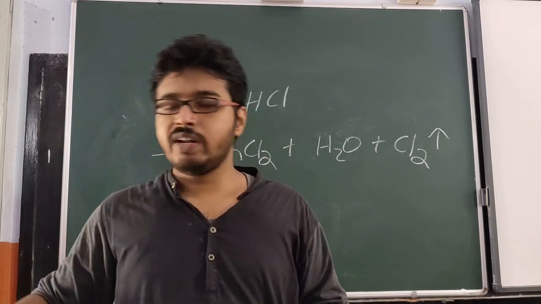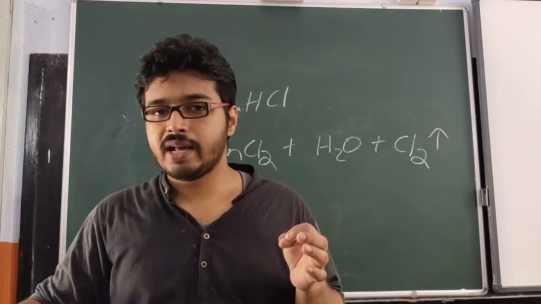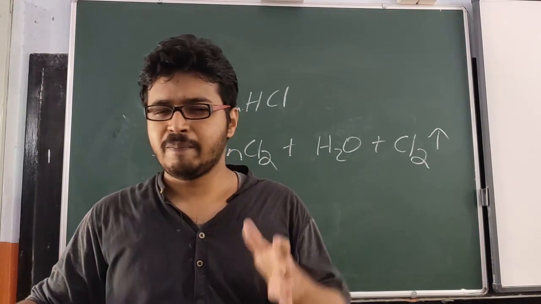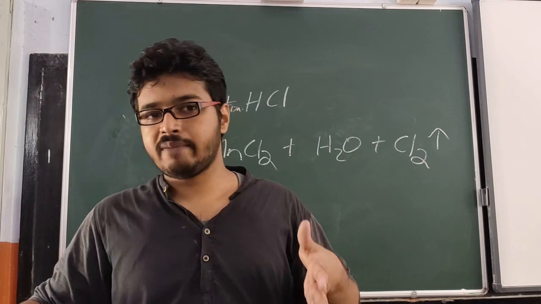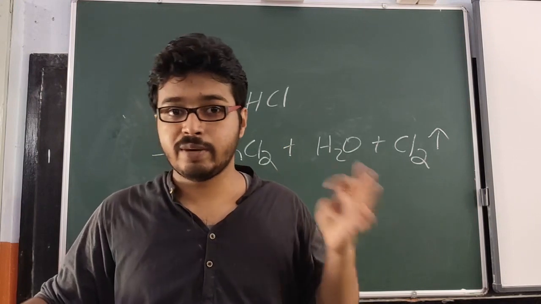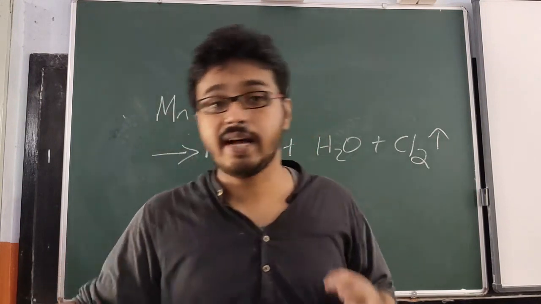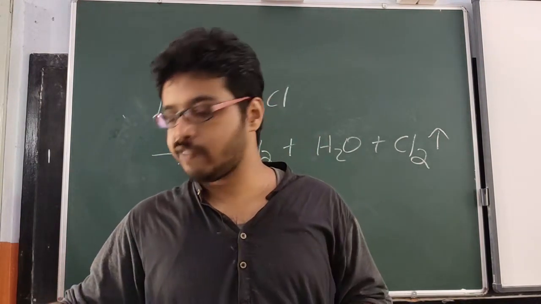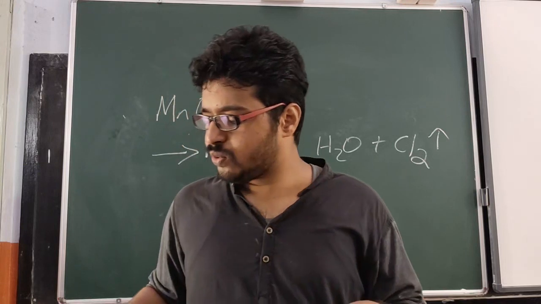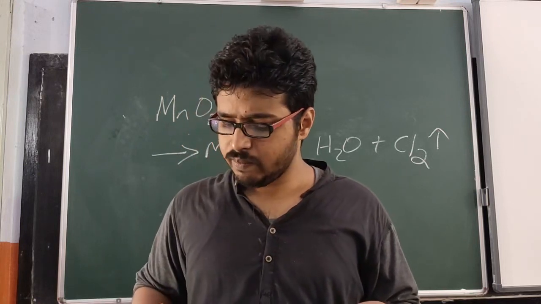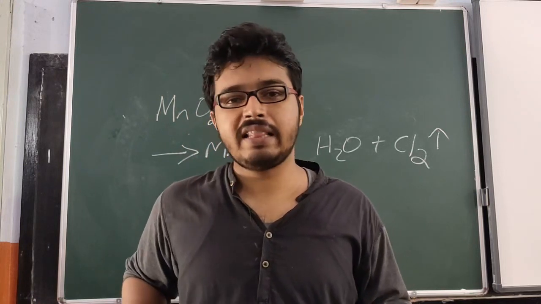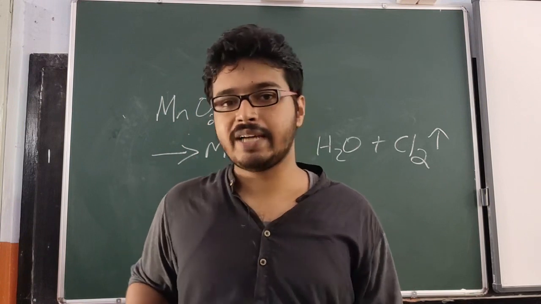This chapter will go almost similar to the previous chapter, but in the previous chapter you studied laboratory preparation, and there was no industrial manufacture. Here there will be industrial manufacture as well as laboratory preparation of ammonia. And this is a little bit lengthy chapter compared to the HCl chapter.